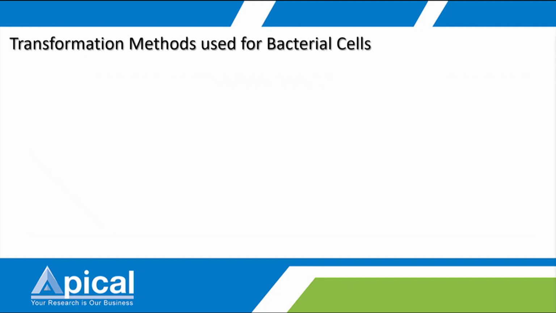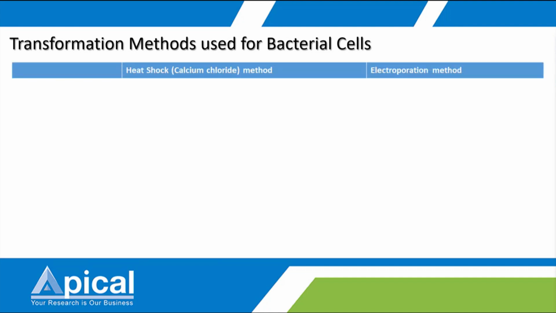So we go to bacterial cell transformation. Bacterial cell is the most commonly used host cell because it grows faster. There are two methods used in bacterial cell transformation. One is the heat shock method, and another one is the electroporation method.